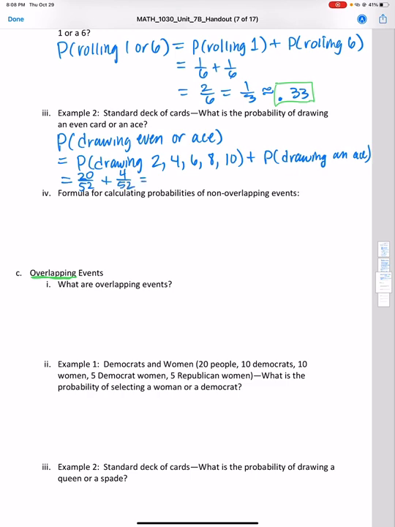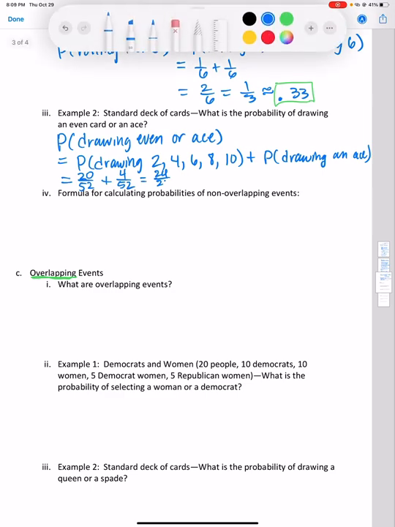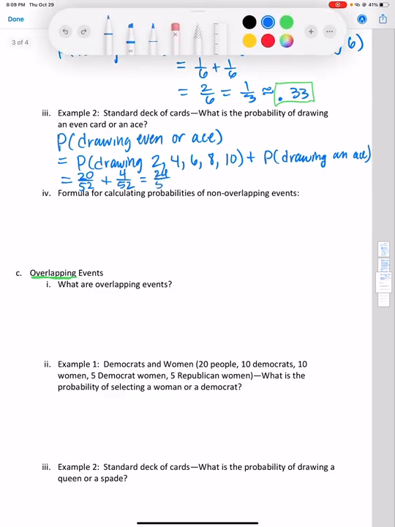Okay, so we're going to add those together. We get 24 out of 52, which is equal to 6/13, which is about 0.46. Okay, so you have about a 0.46 chance of drawing an even numbered card or an ace.